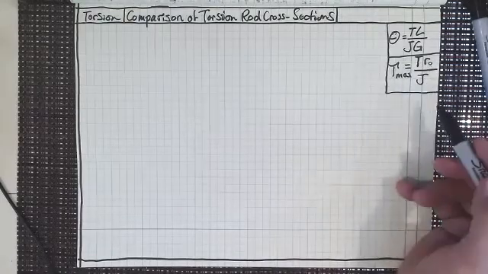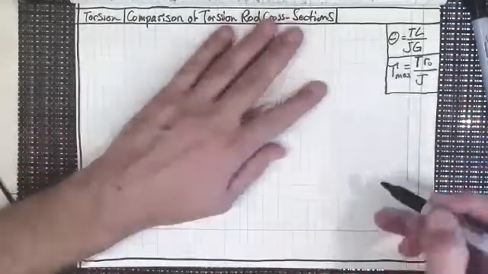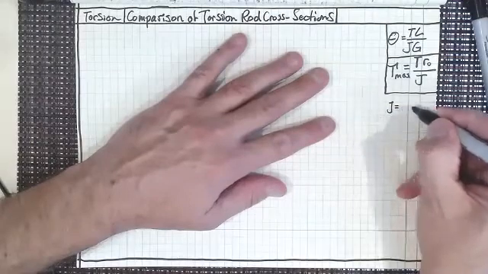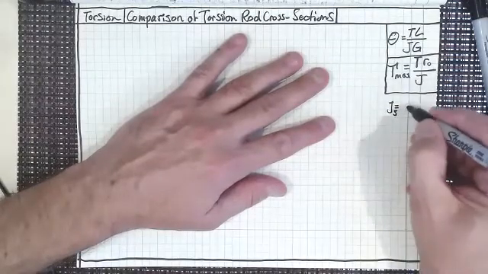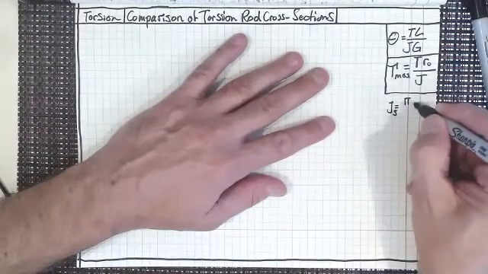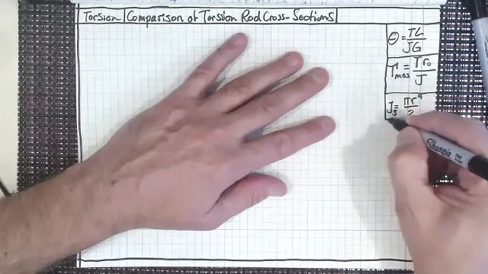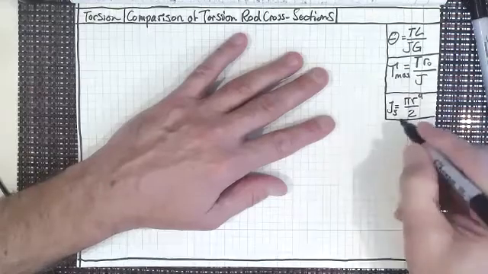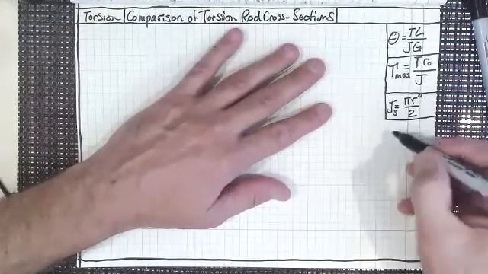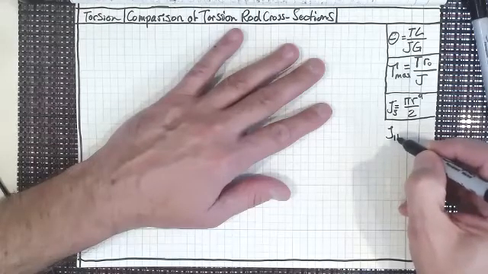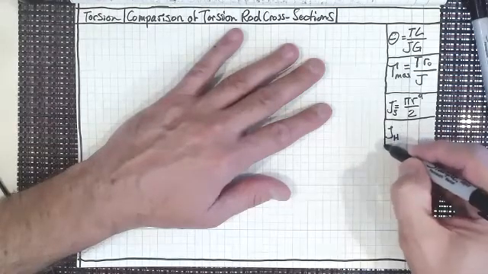use these two equations. Now I want to look at a couple different J's. So the polar moment of inertia for a solid cross section is going to be pi r to the fourth divided by 2. And that's the polar moment of inertia, of course, for area, and the polar moment of inertia for a hollow cross section.